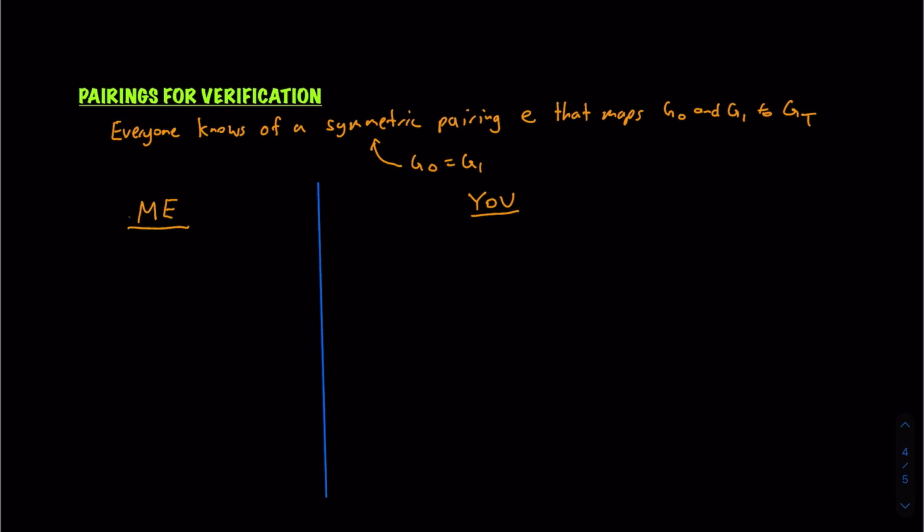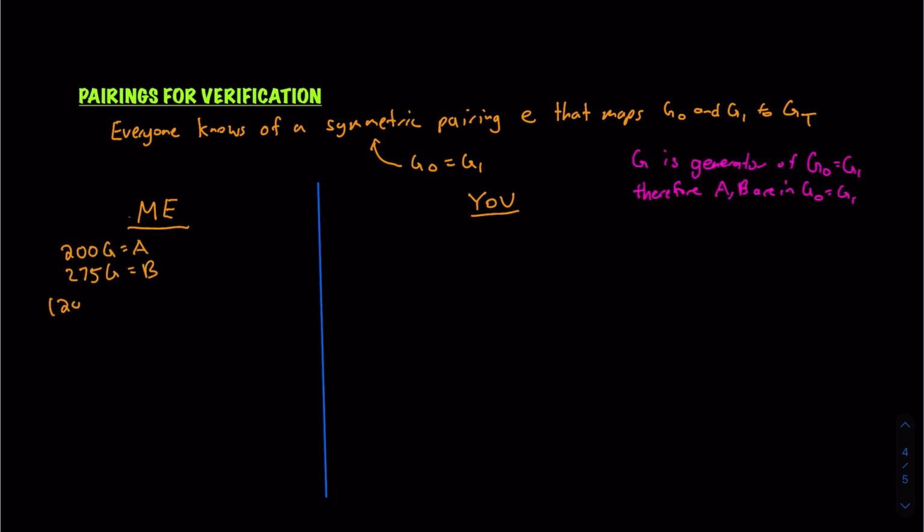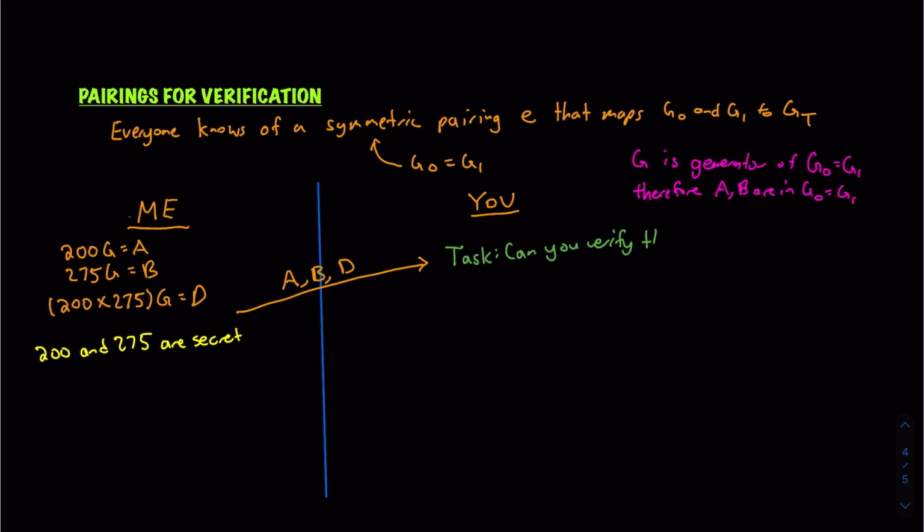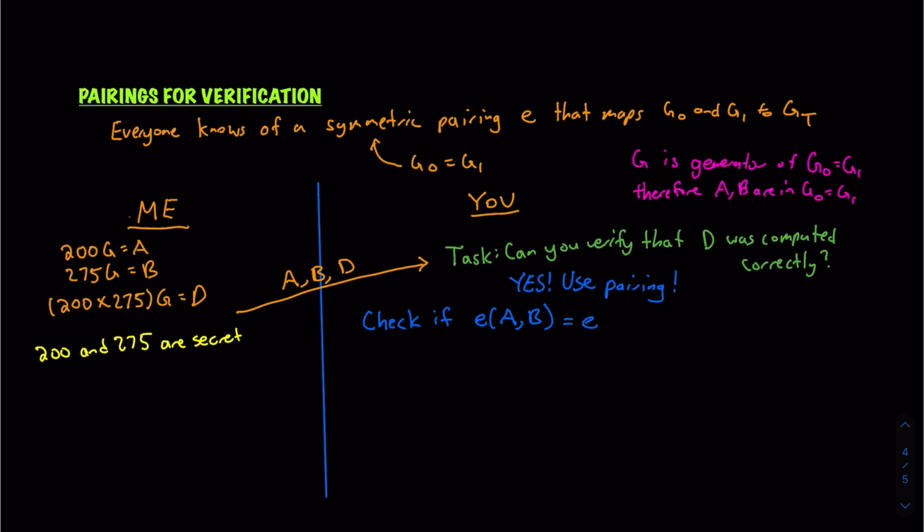Since I know the secret values of 200 and 275, I create A, B, and I also create D, which is 200 times 275G, and give you A, B, and D. What you can do to verify that D is computed properly is to calculate E of A, B, and see if it equals E of G, D. If they are equal, then you know that I did the calculation correctly.